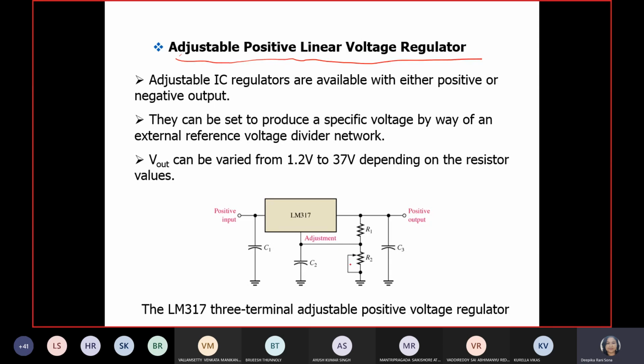Here you can see that some additional component we are using, the capacitor, and the same simple circuit. What I am doing is making the second end of the resistor variable. Okay, this is a type of potentiometer. Whatever my desired output, I will change the position of that potentiometer to get the desired output voltage.